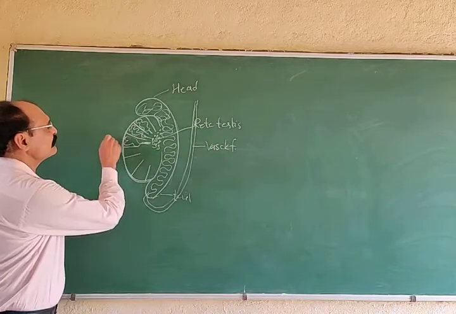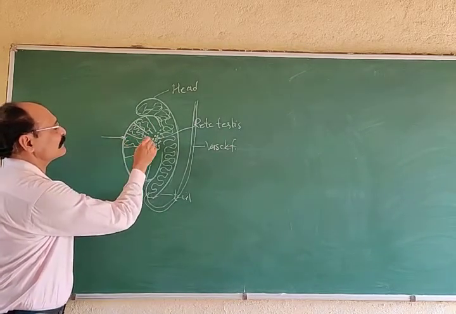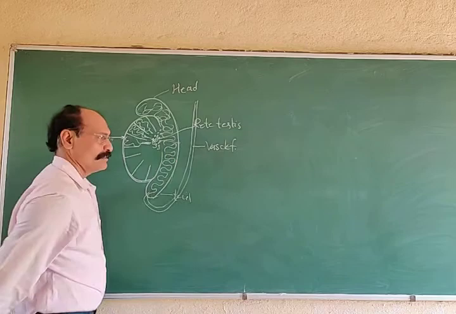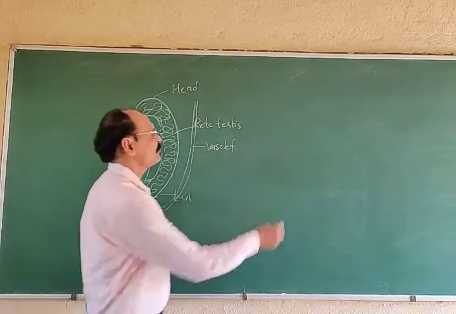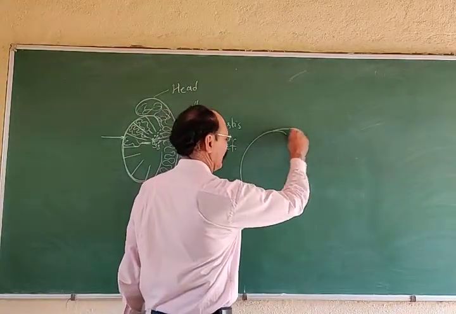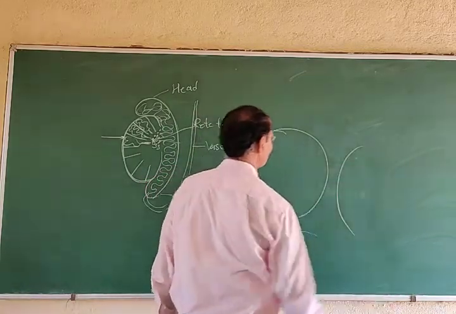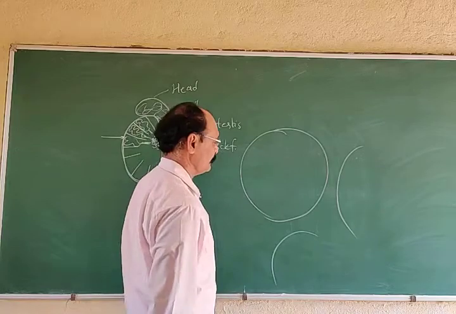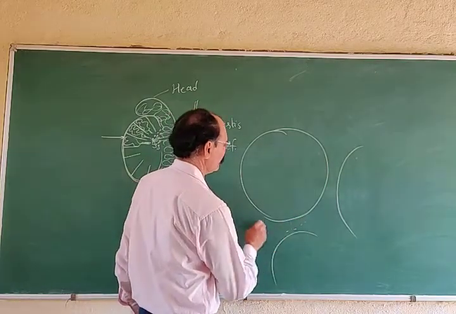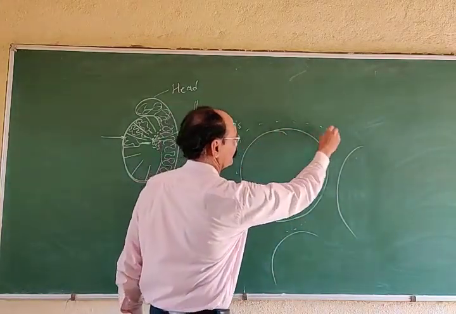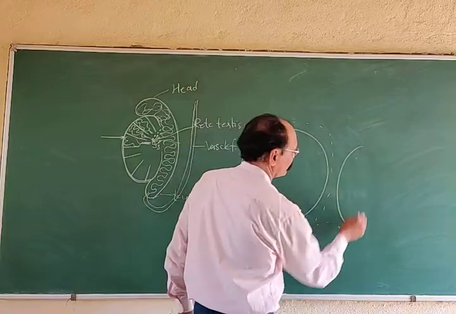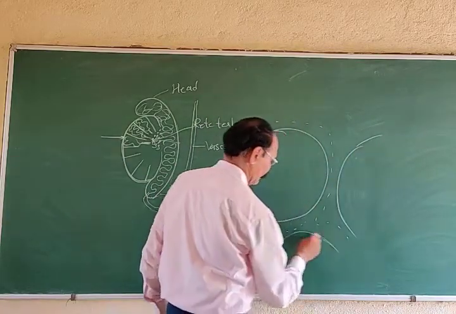Now if you see the detailed structure of the seminiferous tubule, it has a circular structure seen in cross sections. These seminiferous tubules are surrounded by connective tissue, and a number of seminiferous tubules are seen in the cross section.